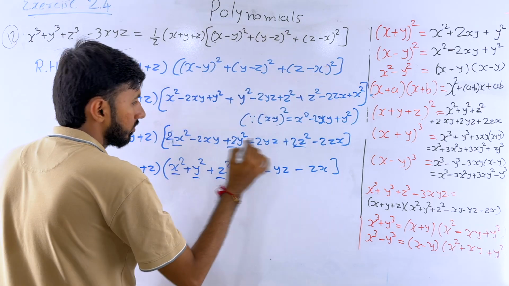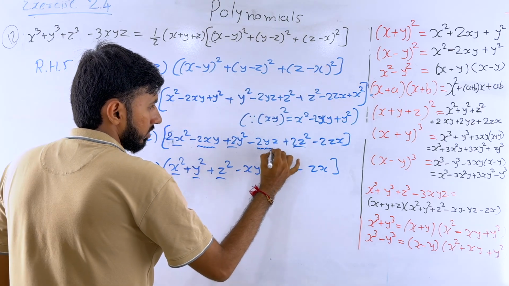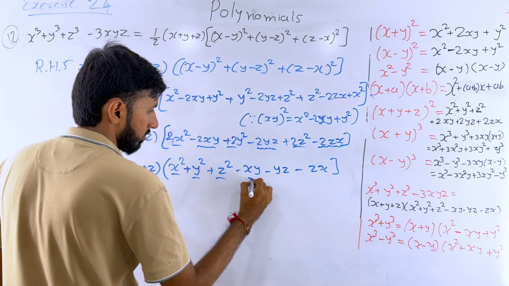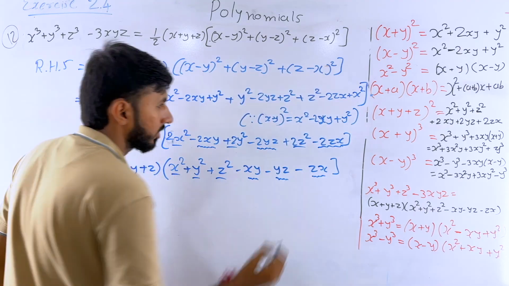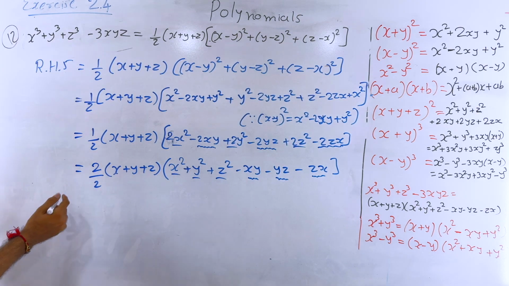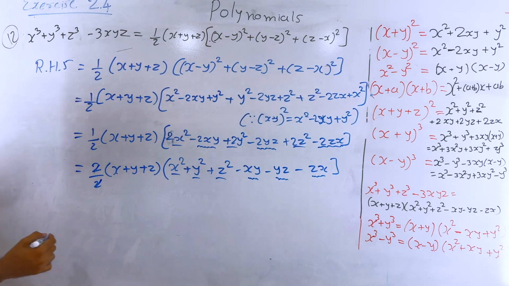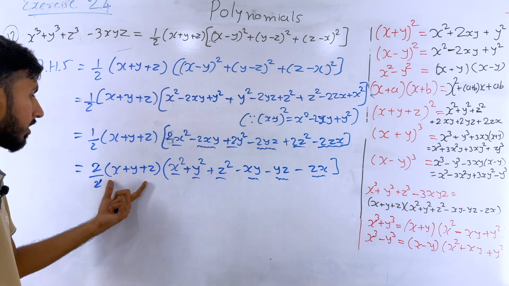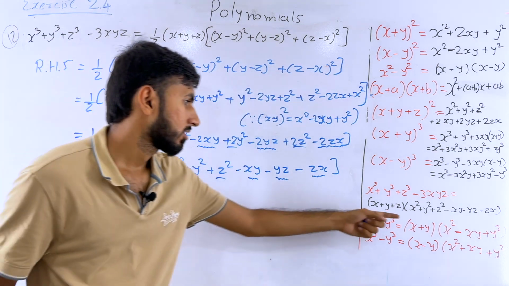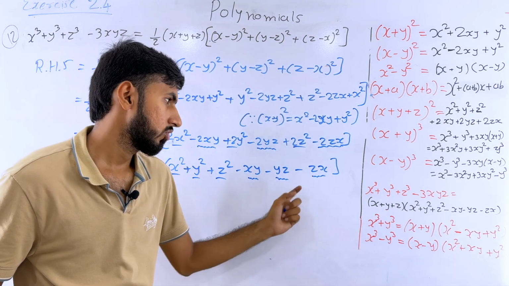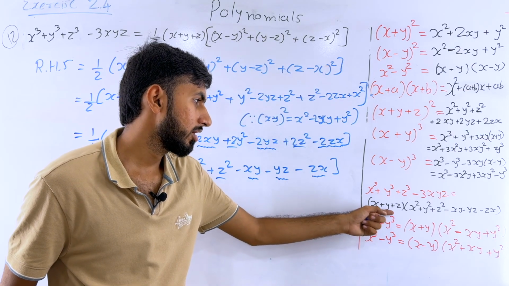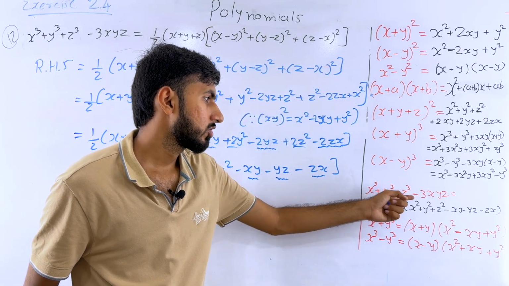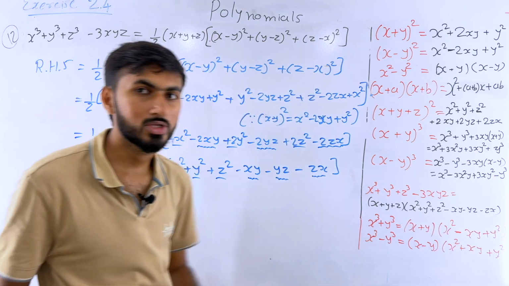Let me keep the same sign so you can understand it very easily, right? Now 2 will be cancelled, so it looks like x plus y plus z multiplied by this, right? So this and these are similar, so I can write x cube plus y cube plus z cube minus 3xyz in place of this.